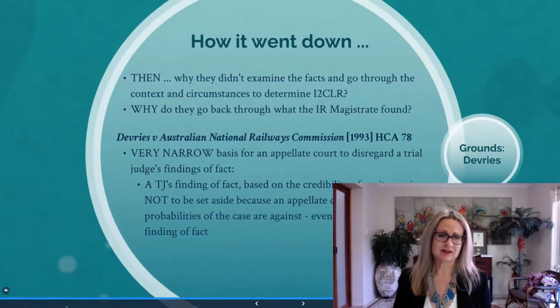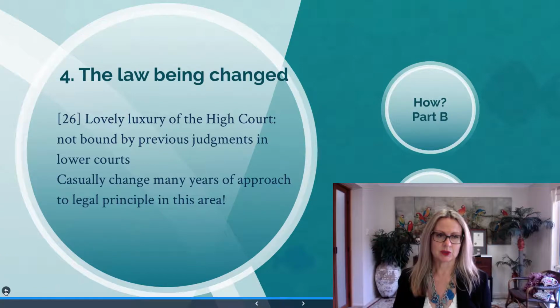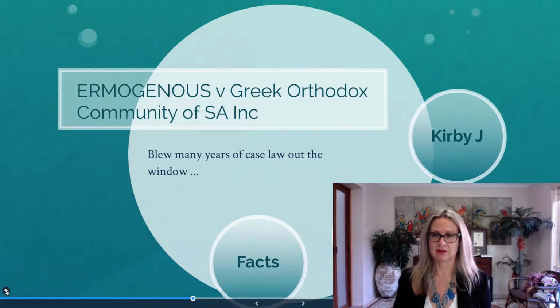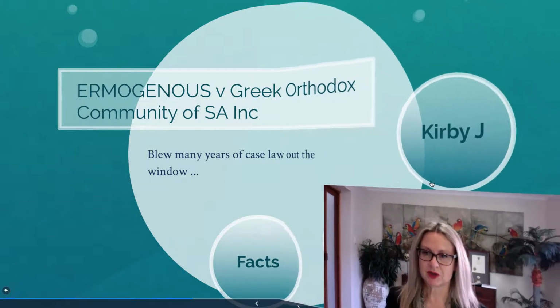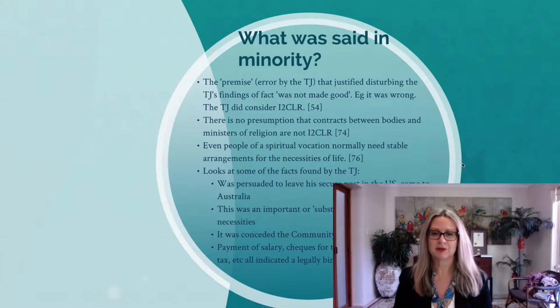So if we segue back to our Prezi now, and we look at the remaining judgment, which is Kirby. So what did Kirby say? Well, there's a couple of things that I want you to take away from Kirby's judgment. Firstly, he gets the business out of the way.